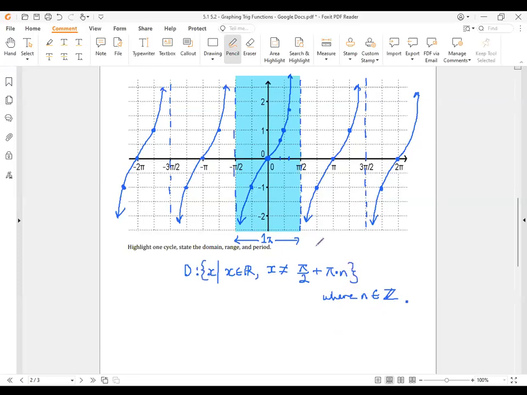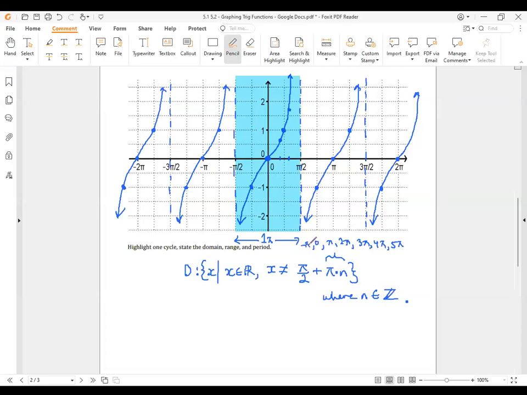Does that make sense? X cannot be pi over 2, but if I add a single pi, it's 3 pi over 2. It can't be 3 pi over 2 either. If I subtract a pi, it'll be negative pi over 2. It can't be negative pi over 2 either. Okay? This represents, it could be a pi, it could be 2 pi, it could be 3 pi, 4 pi, 5 pi, it could also be 0.